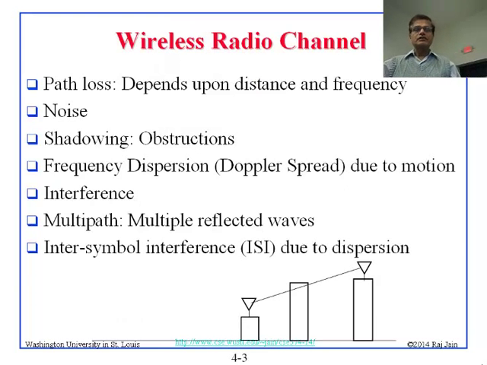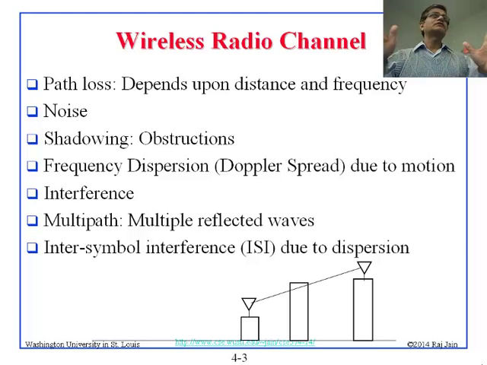So the wireless radio channel is actually somewhat very similar to light propagation. If you have a flashlight and you turn it on, the light intensity goes down as the light progresses, right? And also the area it covers goes up because the light goes in all directions.